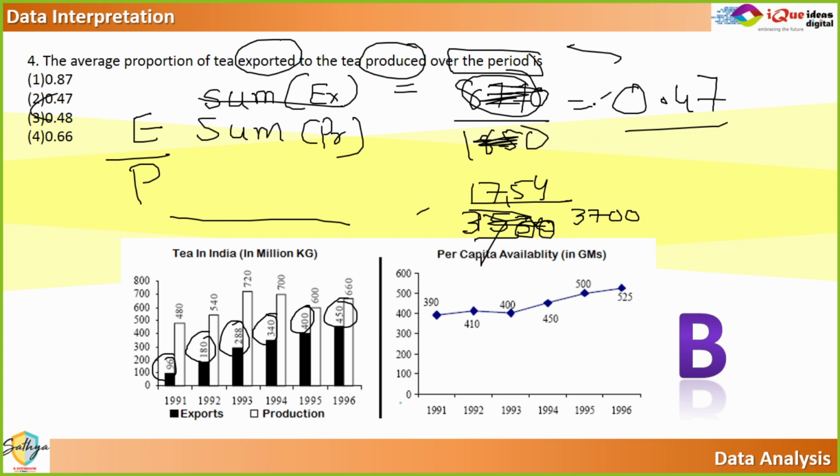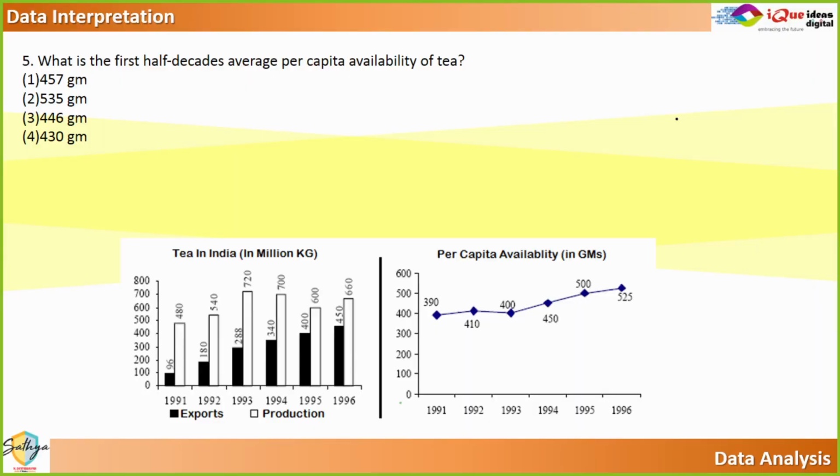Yeah, got it. चलो, okay, number थोड़ा आगे पीछे calculation में, but the funda is this. You just need to be careful with the calculations. Okay. Next one. What is the first half decade's average per capita availability of tea? Read the question carefully.